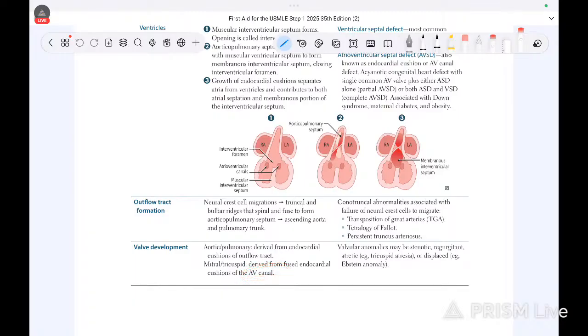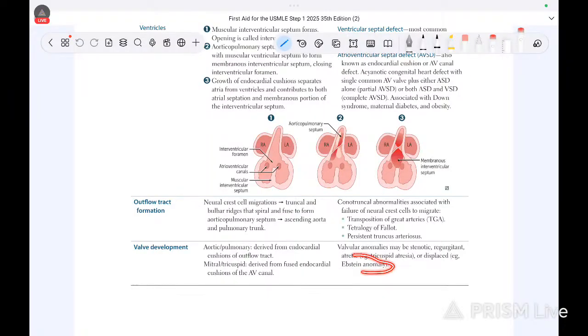So the aortic and pulmonary valves are formed by the outflow tract, and the mitral by the AV canal. There are some valvular abnormalities like stenosis or regurgitation, mitral or tricuspid regurgitation, or atresia also, or the valve is displaced like in Ebstein's anomaly.